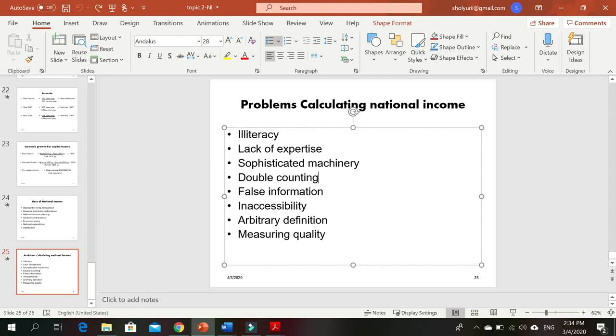Arbitrary definition, this is more to, for example, you go and ask pakcik, how much is your GDP this year? Pakcik tu tak pernah belajar ekonomi. So kalau you tak belajar ekonomi, bila kita explain what does it mean by GDP, walaupun waktu bagi definition and so on, it is very hard for you to comprehend. Kadang-kadang tu kita tak sampai maksud, tak sampai faham, jadi payah you nak faham benda tu.